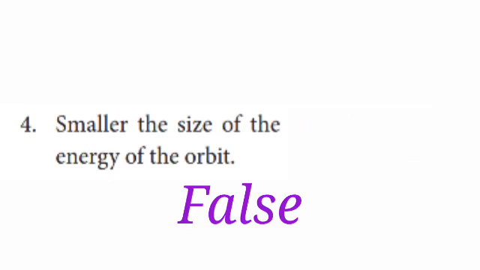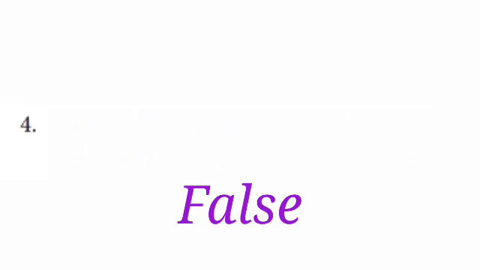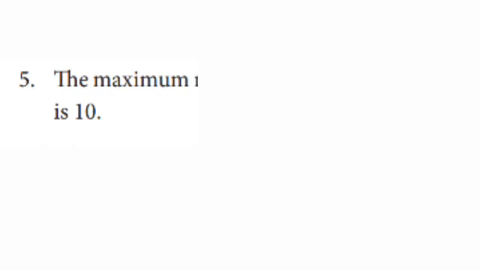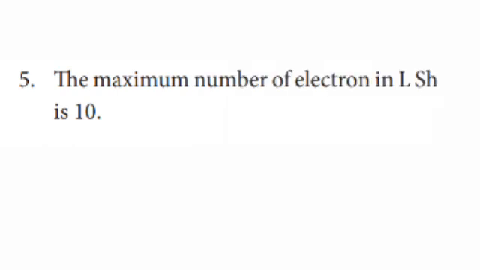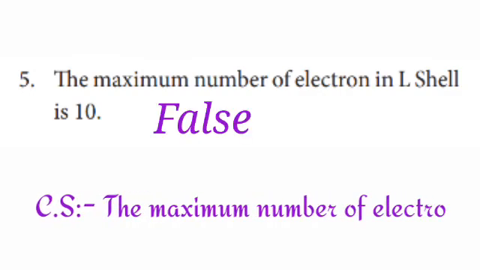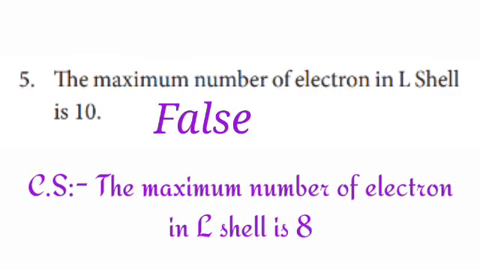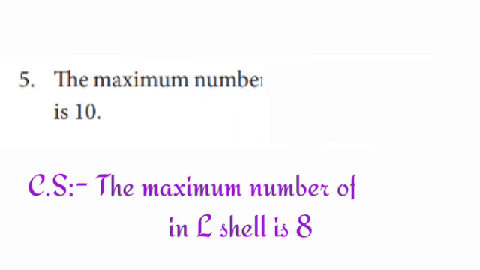The answer is false. Question number 5. The maximum number of electrons in the L shell is 10. The answer is false, because the maximum number of electrons in the L shell is 8.